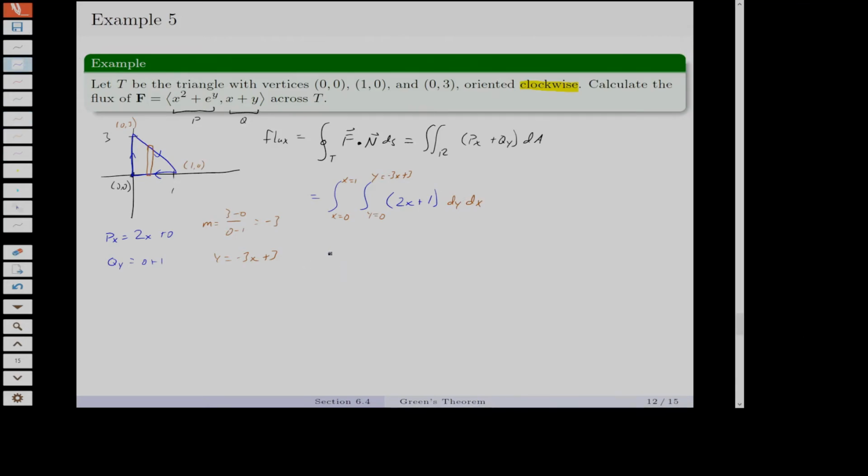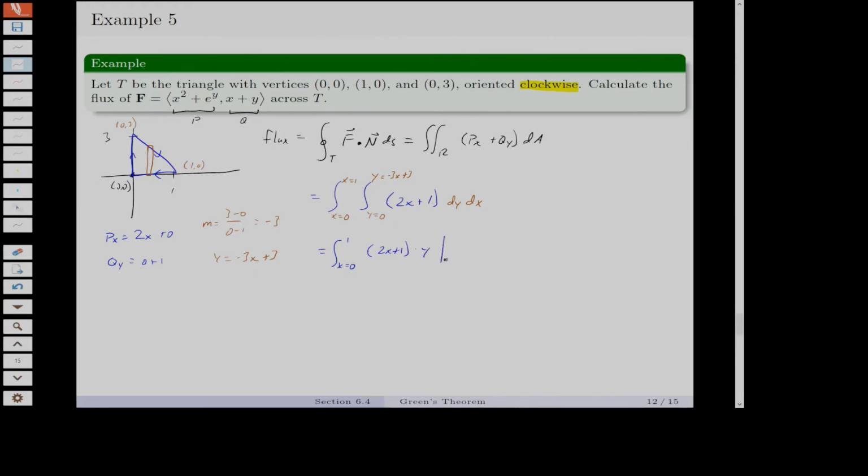That's a really nice looking integral, right? That should be no problem. So let's go ahead and integrate. In this case, if I look at the integrand, 2x plus 1, I'm integrating dy, so that 2x plus 1 is constant.